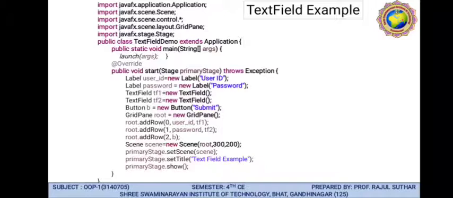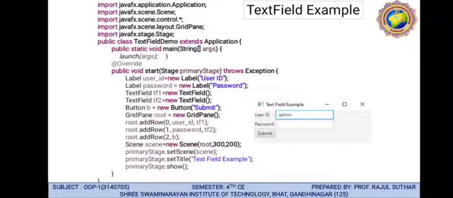Here the scene is a new Scene object, new Scene(root, 300, 200), where we require the width and height. Then primaryStage.setScene, we set the title to "TextField Example", and we show the primary stage by using the primaryStage.show method.